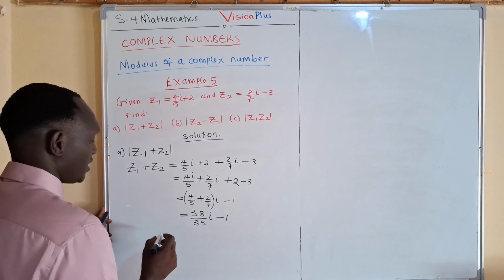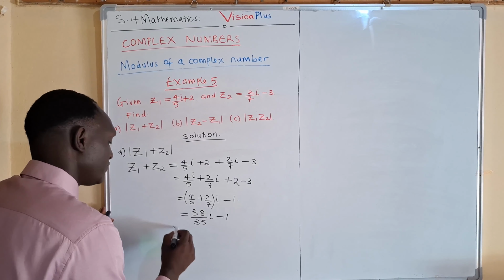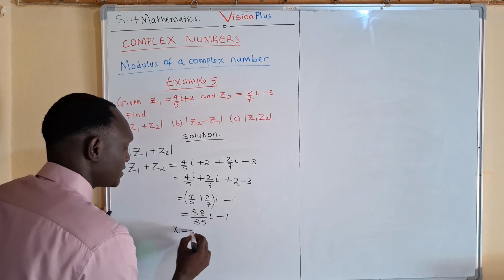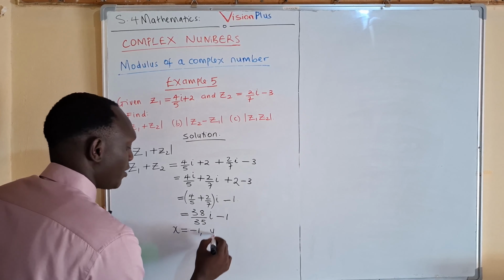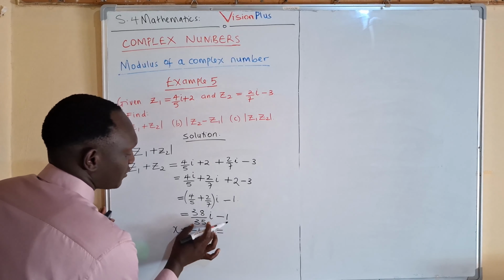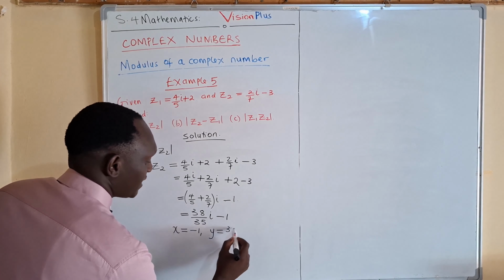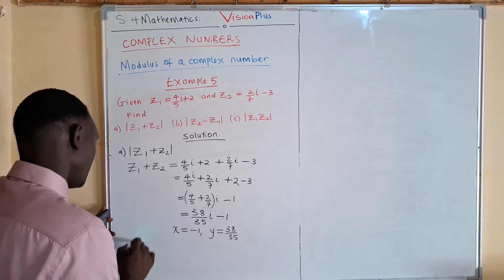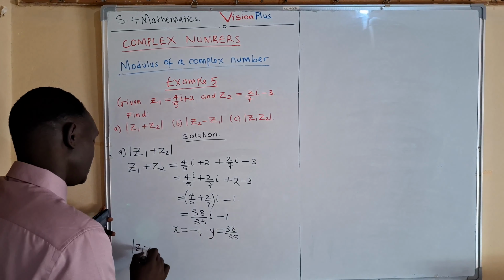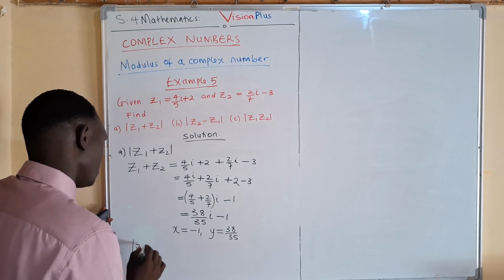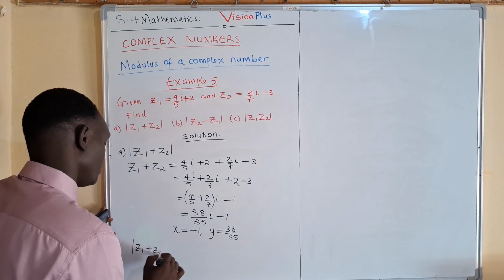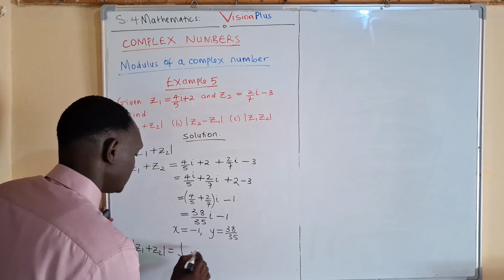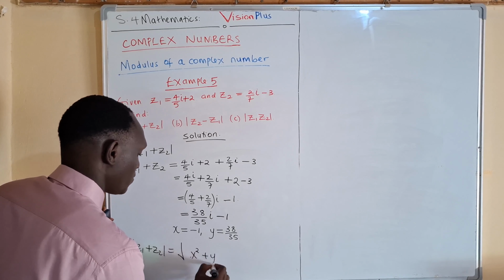How about the magnitude now? If you are going for the magnitude, first get the value of x. X is the real part which does not have i, which in this case is negative 1. How about y? Y is the coefficient of i, which is 38 over 35. Therefore, the magnitude of Z1 plus Z2 equals the square root of x squared plus y squared.